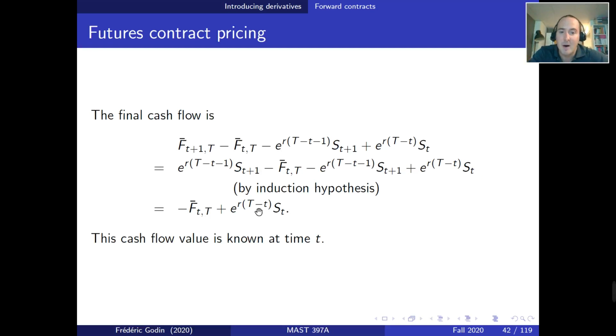So if you have a positive cash flow at t plus 1 and you know it already at time t, then you're going to make the trades we propose and just get a positive amount of money at time t plus 1 without any risk, because this cash flow is already known by time t. So this is an arbitrage opportunity. Okay, so the only possible value for the futures price is the value which makes this whole quantity equal to 0.